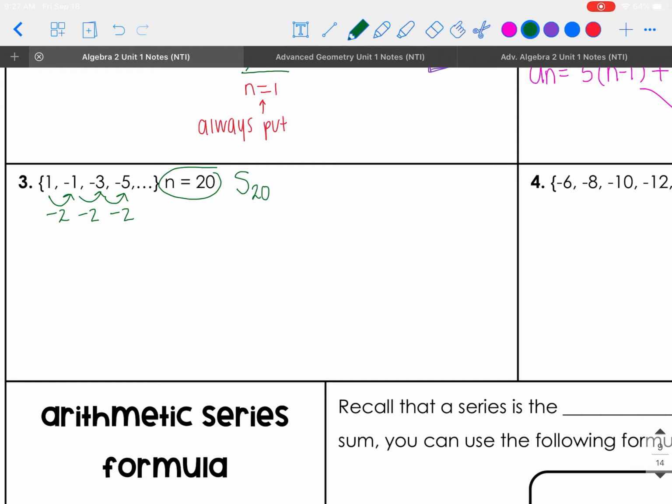And so when I'm evaluating the series, the method that we're doing is sigma. With sigma, we always put n equals 1 at the bottom. The number that goes on top comes from my question. Your question will tell you that number. And then to the right is the formula. So I've got to go figure out what that formula is.